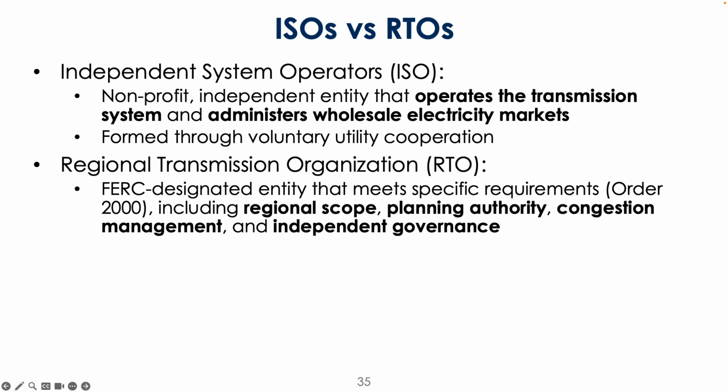An RTO is a different sort of entity that's designated by FERC, and they have to meet specific requirements. They have to cover some kind of region, there has to be a planning authority, they have to provide congestion management, and independent governance. At a practical level, when you look at what an ISO does and an RTO does, it's going to look pretty similar a lot of the time.